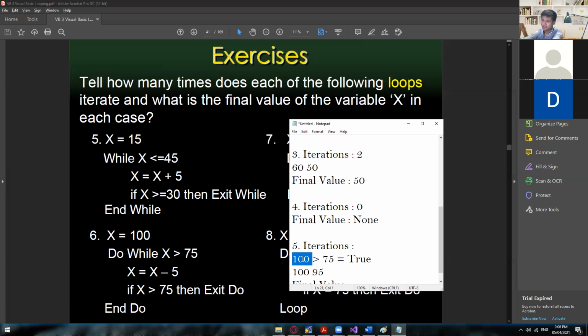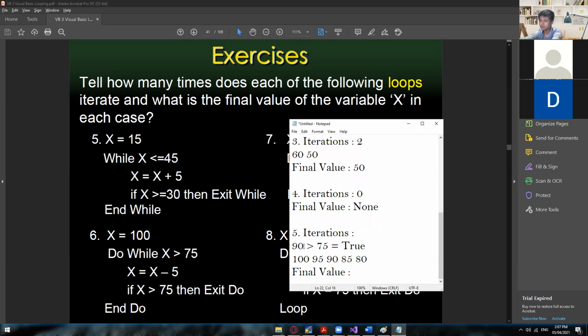95 is still greater than 75, so it will be part of the iterations, and it will decrement by 5 again. So 90. 90 is greater than 75, which is still true. So it will be part of iterations until you reach the value of 80. 80 is greater than 75, which is true.